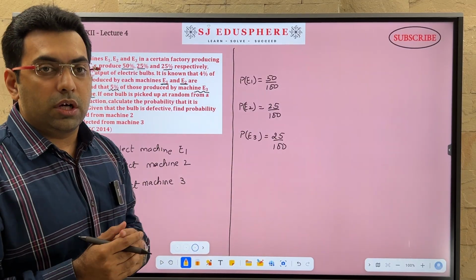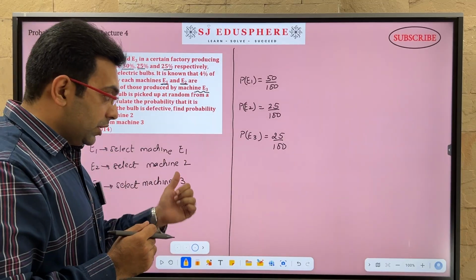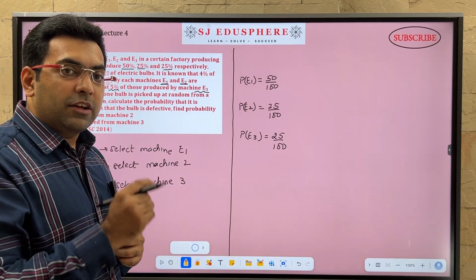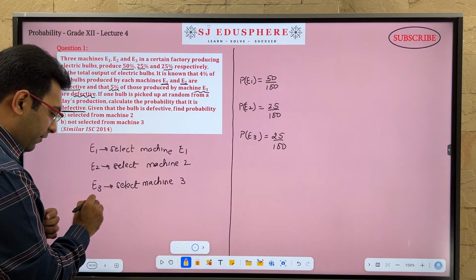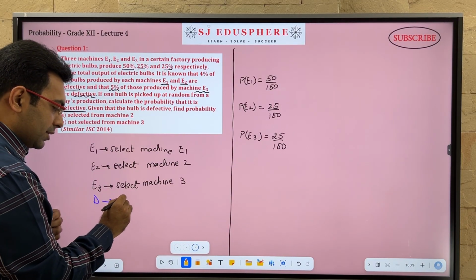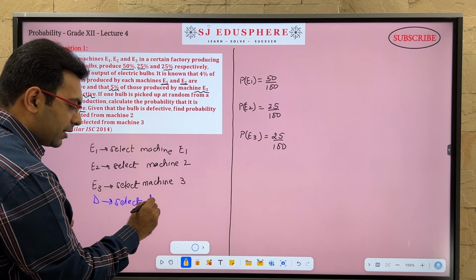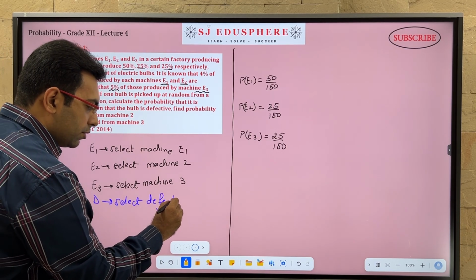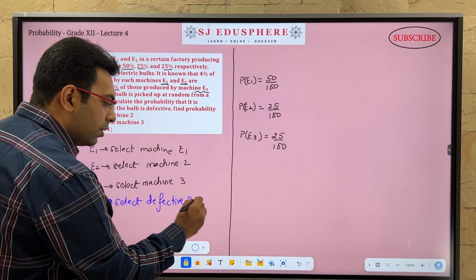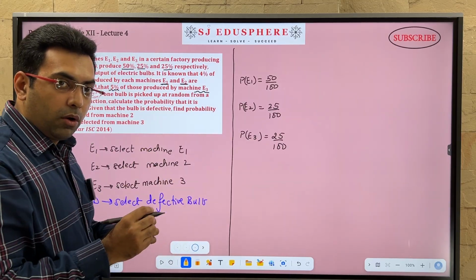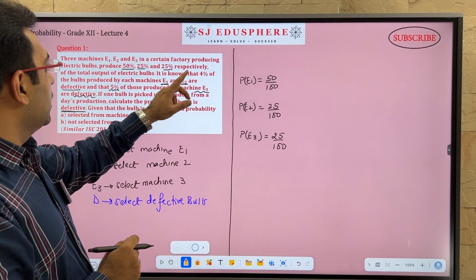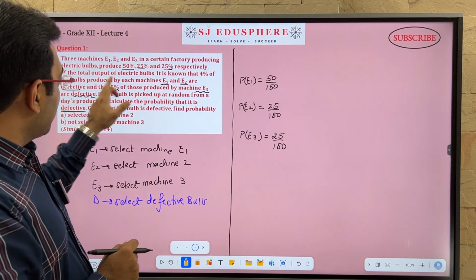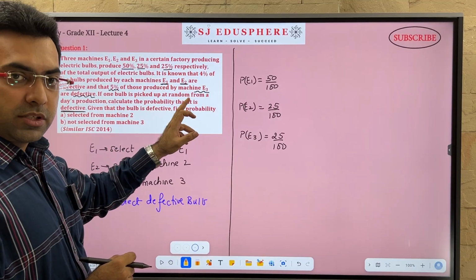Now, what is your interest area? Example, getting a student whose name starts from A. Here, getting a defective product, a defective bulb. Okay, so I define D is select a defective bulb. Now, how many bulbs are coming out to be defective? Your machine 1 gives you 4% and machine 2 also gives you 4%.